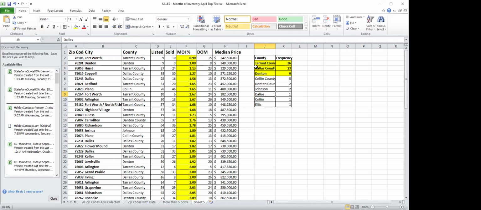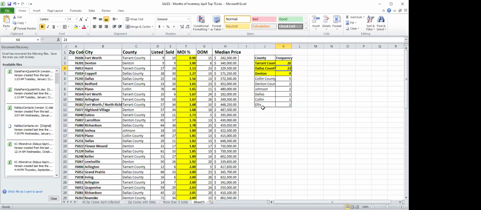So overall observations: out of the 70 top zip codes, the top place goes to Tarrant County, then Dallas County, then Denton County, and then Collin County. Johnson County and Ellis County are trailing, and note that some counties didn't make this table at all.